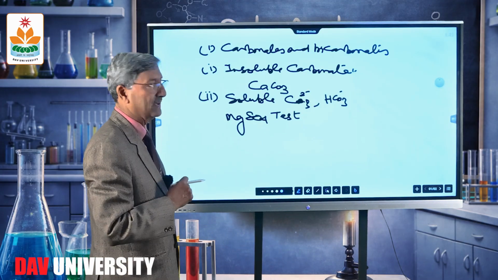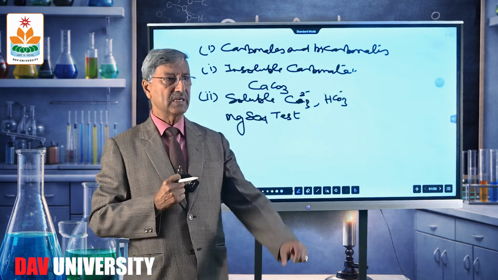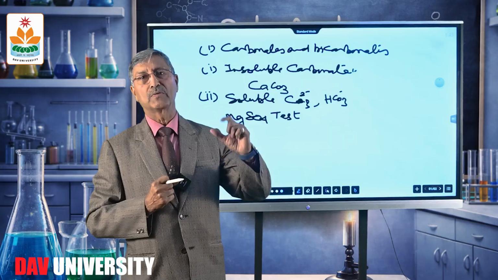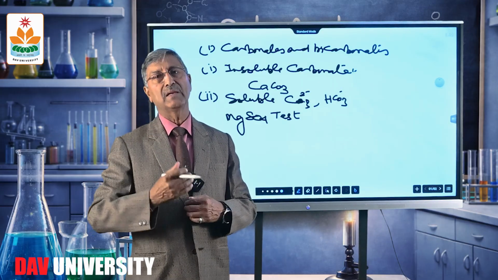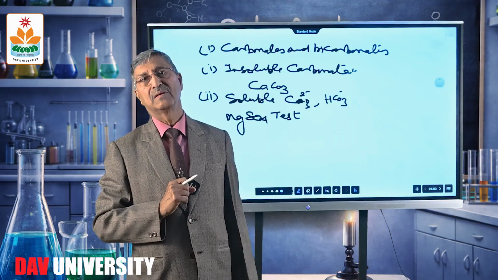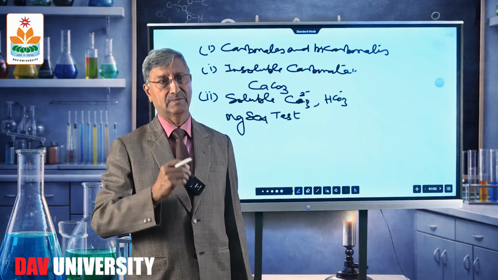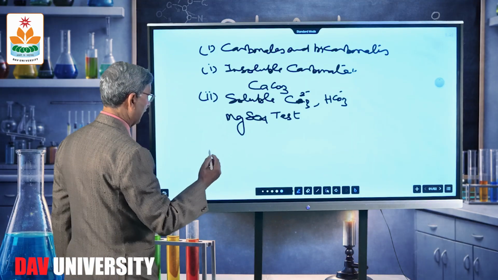What is this magnesium sulfate test? You know, magnesium sulfate is soluble in water. We take a portion of that filtrate, the solution which may contain soluble carbonate or bicarbonate, and to it we add a small amount, say a milliliter or so, of magnesium sulfate solution.